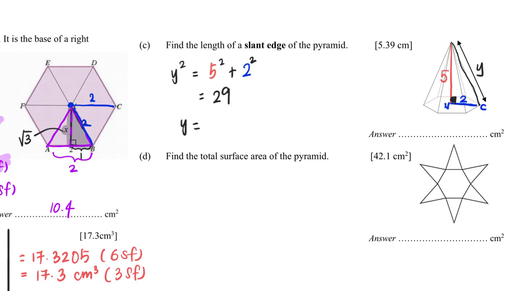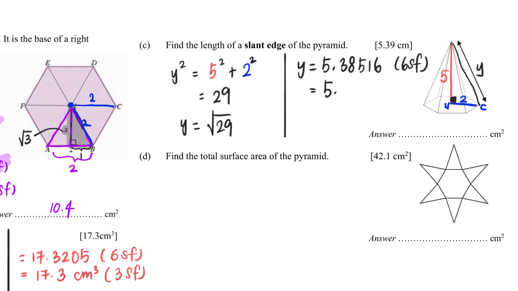So Y is equal to the square root of 29, and then again giving my answers first to 6 significant figures, 5.38516, followed by 3 significant figures, 5.39.